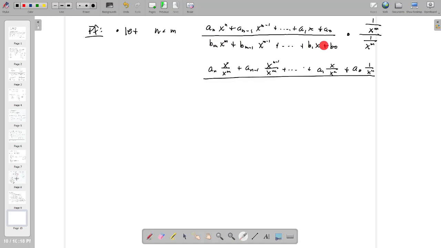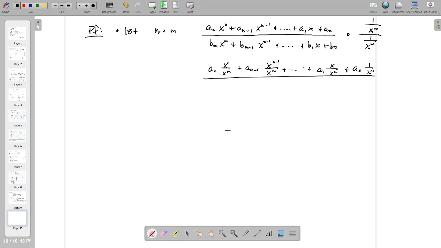Now we do the same thing with the denominator. b sub m x to the m divided by x to the m, b sub m minus 1 x to the m minus 1 over x to the m, all the way down to b sub 1 x over x to the m, plus b sub 0 1 over x to the m.